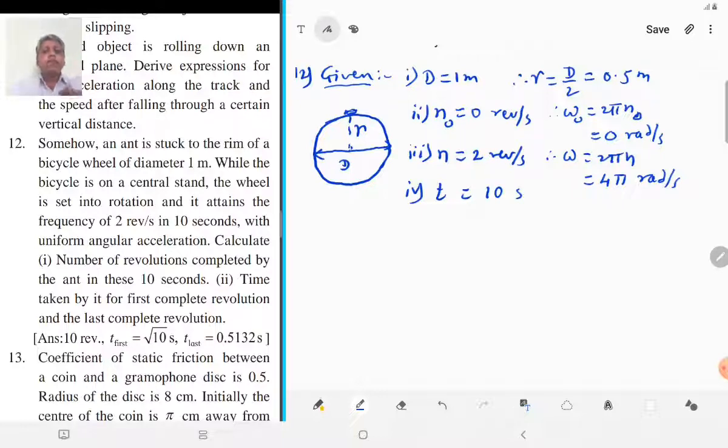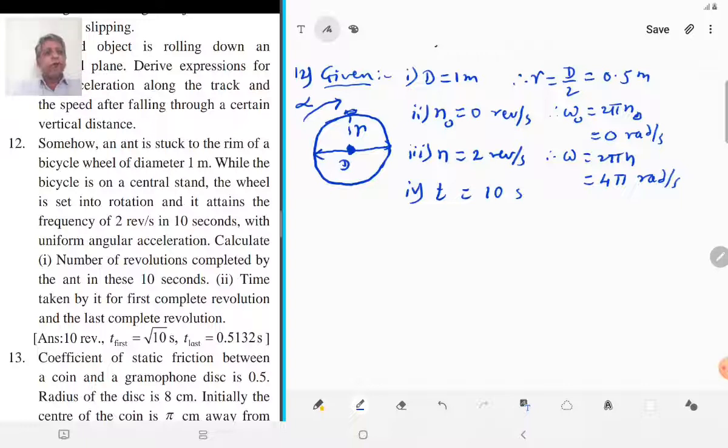Next sentence, with uniform angular acceleration. That means this wheel can be rotated about this axis with uniform angular acceleration alpha.